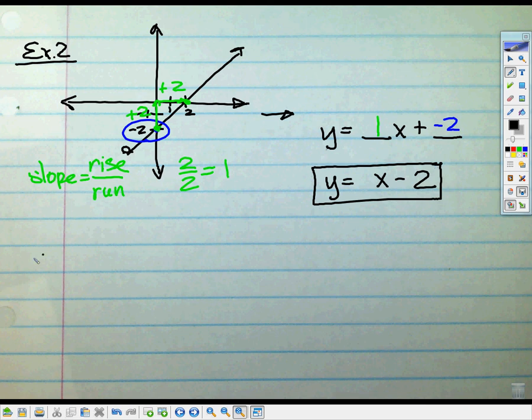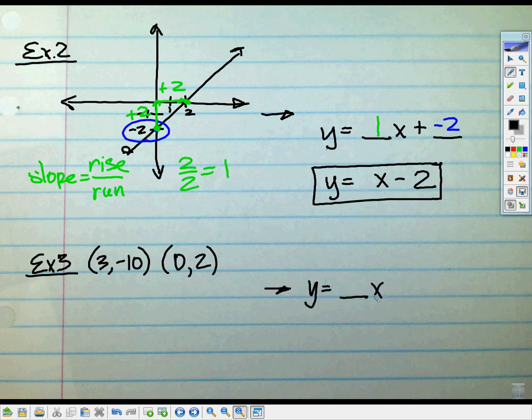A third example of other information you might get: 2 coordinate points. And if we use the point 3, -10, and another coordinate point of 0 and 2, we don't want to have to graph this to figure out information about it. We do know an equation that we could work with to find the slope, because in the end, what do we still need? We need to put in a slope there, and we need to put in a y-intercept there.